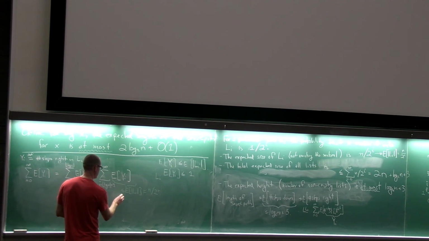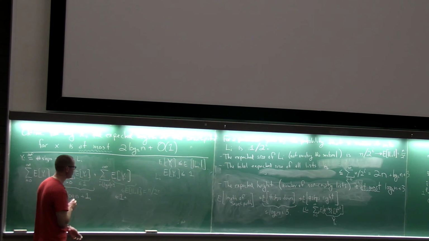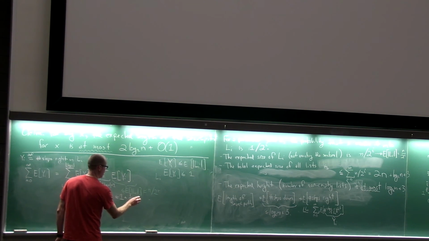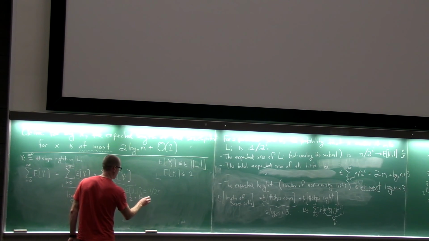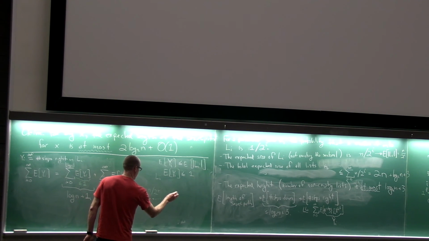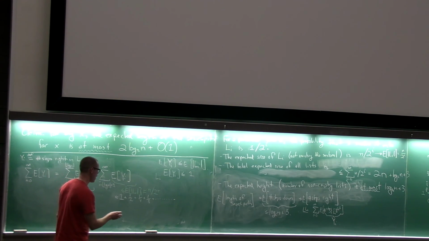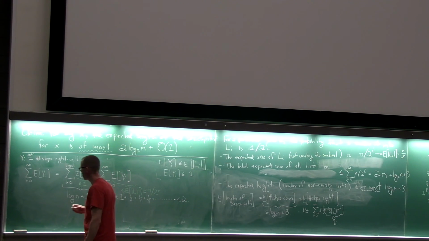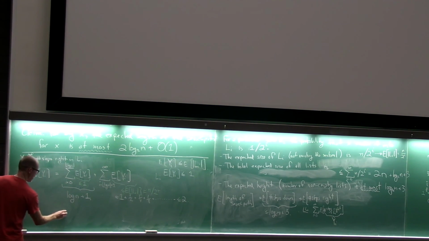And so this thing starts with a 1, something less than or equal to 1, and then continues with something less than or equal to a half, and then something less than or equal to a quarter, less than or equal to an eighth, and so on. And that whole thing is less than or equal to 2.